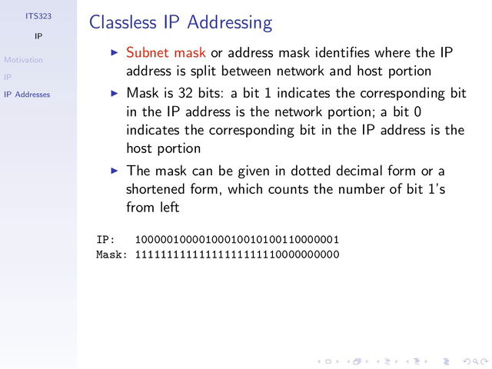It's not a mask, it's an address of a particular network. So rather than saying network C, I would say network 0110. This would be the address of that subnet, where the host portion is set to this special case of all zeros.